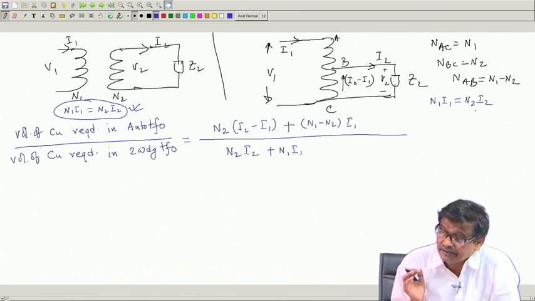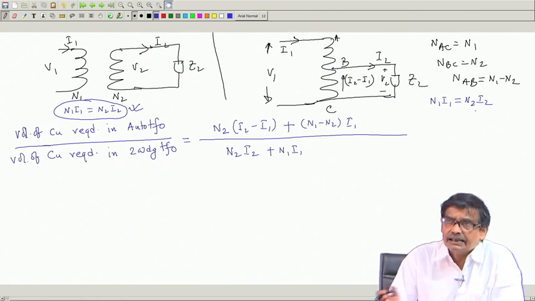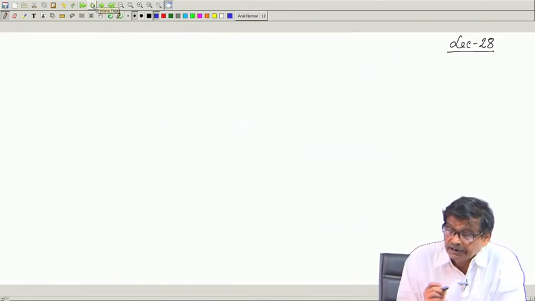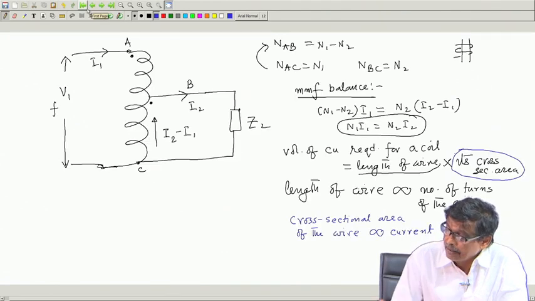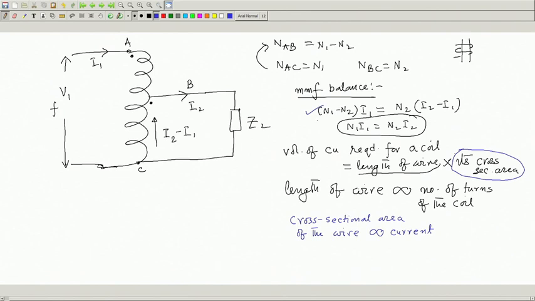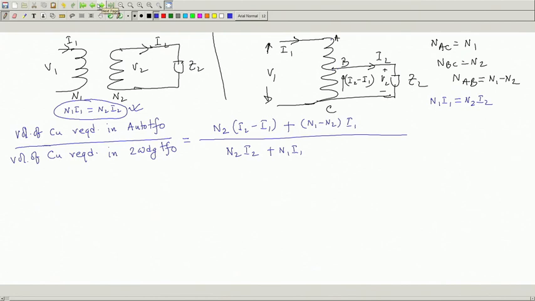Although, I should not say that N1 I1 is the MMF like that, which portion I do not know, but I found out very meticulously this relationship from N1 minus N2 into I1 is equal to N2 into I2 minus I1. From that also same thing was obtained. Therefore, it looks like N1 I1 is equal to N2 I2 is also true.